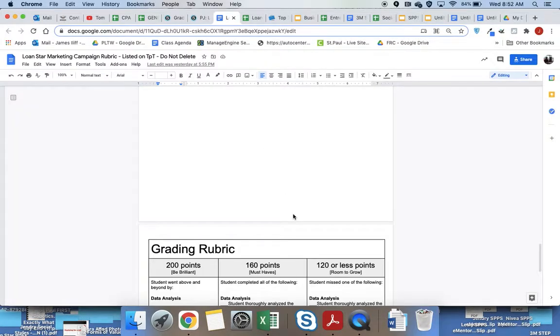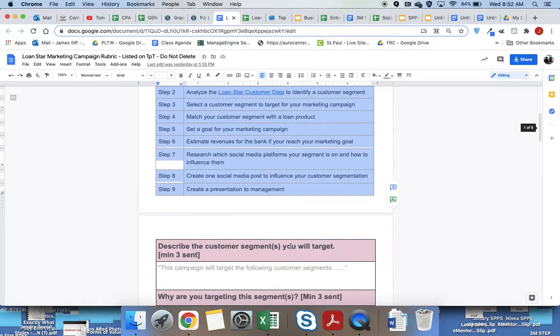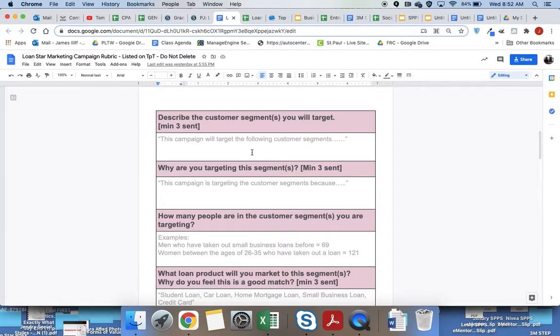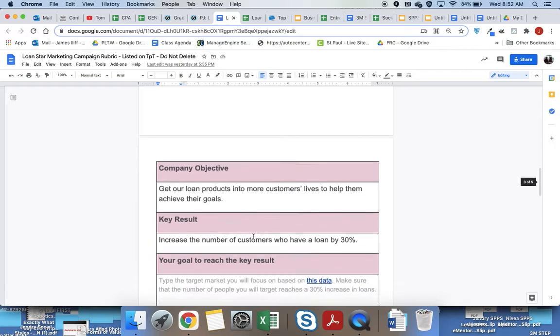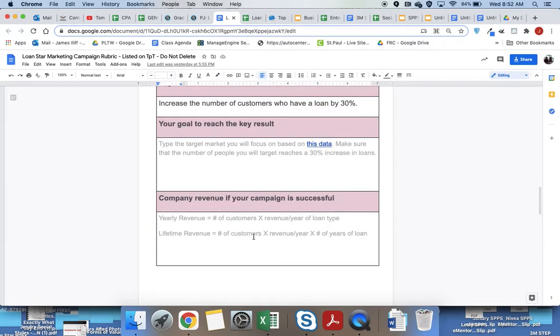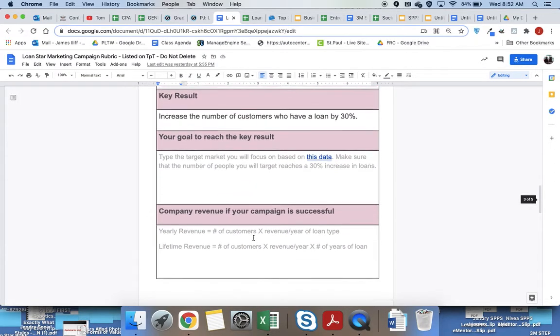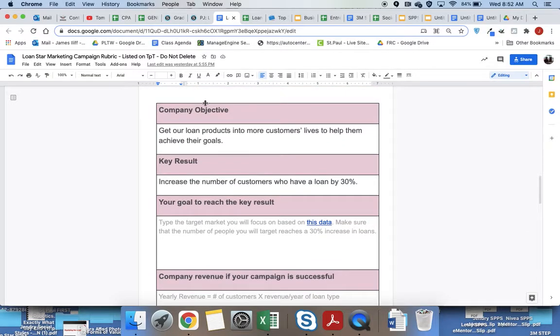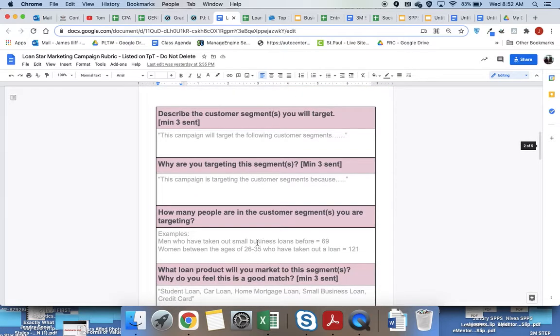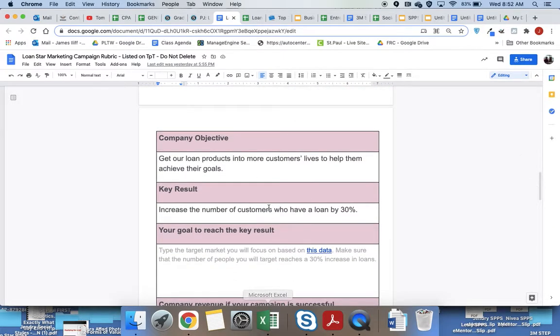So these boxes here will guide you. You're going to stop right here. Stop at the company objectives here. So do these boxes here and these boxes here, and then you'll be in a good position.